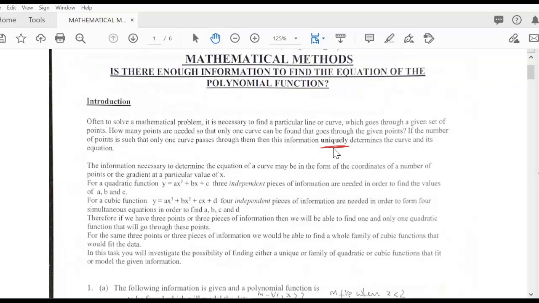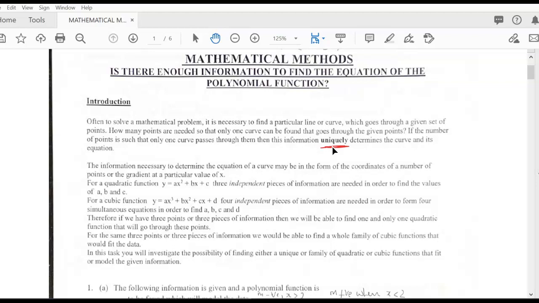For the same 3 points or 3 pieces of information, we'd also be able to find a whole family of cubic functions that would fit the data, but we wouldn't be able to find one unique cubic function. We'd find a whole bunch of cubic functions that look similar but are perhaps stretched or transformed in some way, but we wouldn't know a, b, c, and d.